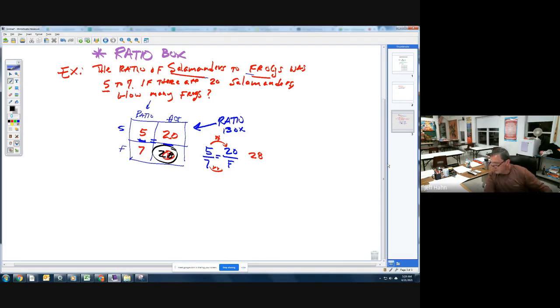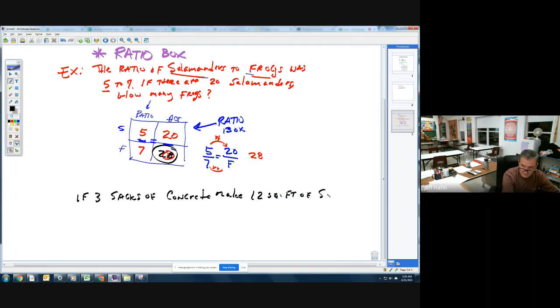If 3 sacks of concrete make 12 square feet of sidewalk, how many sacks will it take to make 40 feet of sidewalk?